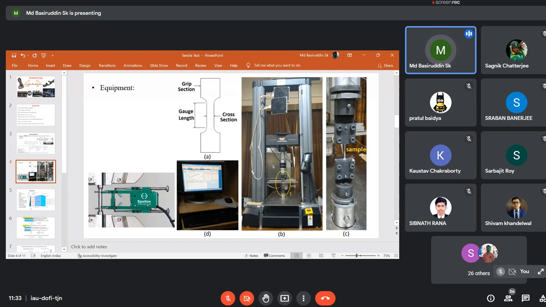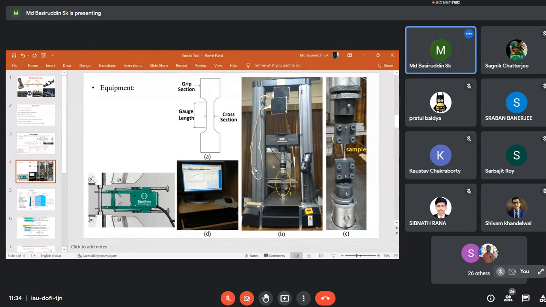Now this is the machine that we generally use in our department to do the tensile test. Here you can see that your machine can be operated electrically, or you can use any other energy generating systems, and hydraulic pressure actually controls the load requirement.